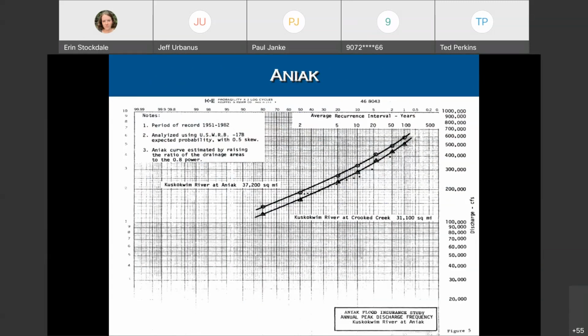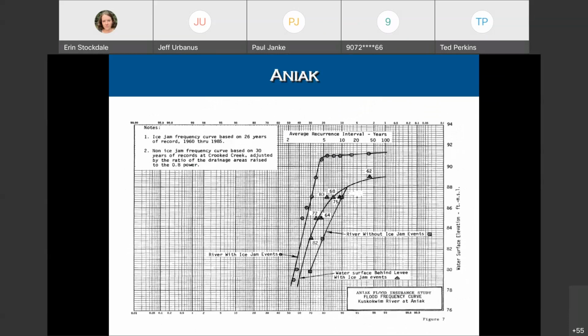And so there's other places where we have that information as well, but it can be a bit more limited. Again, you're looking at the different frequencies of stage frequency and also flow frequency for your normal riverine flooding.